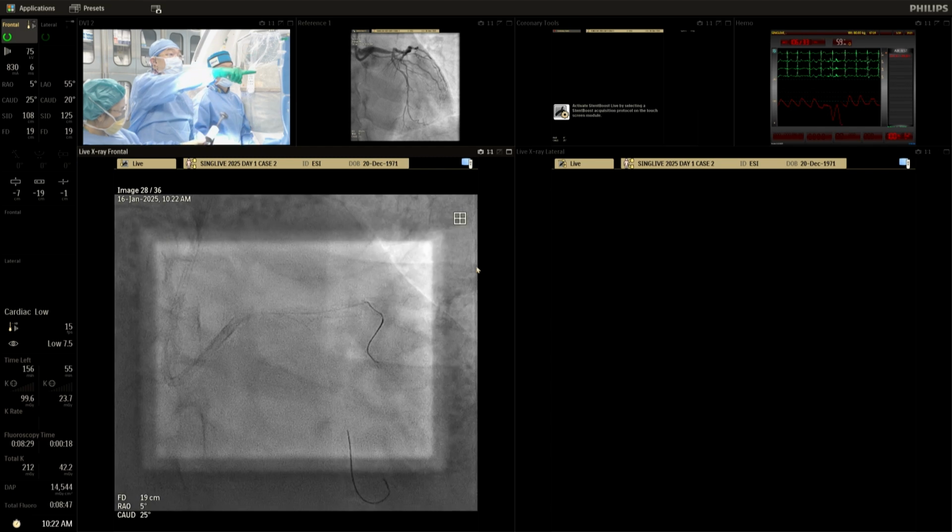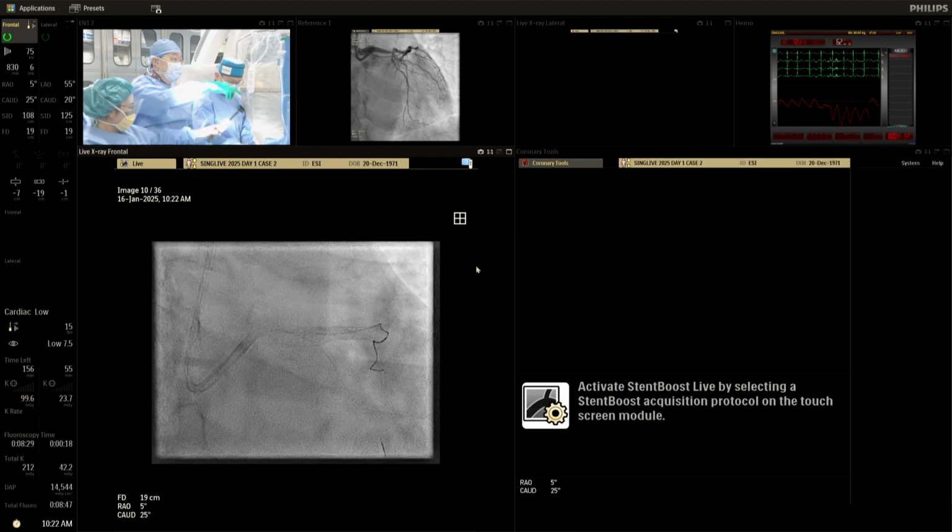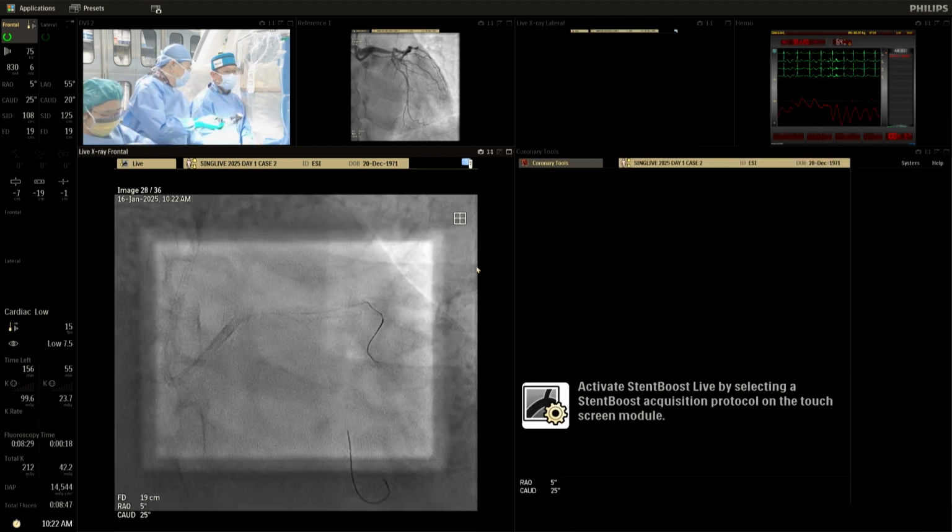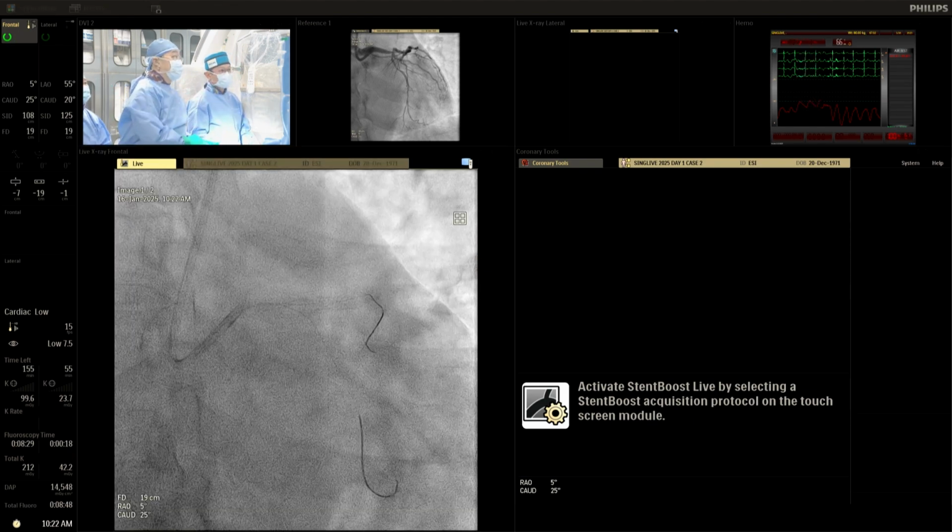Can we show the StentBoost here? We ask him to show the StentBoost and then expand the stent.